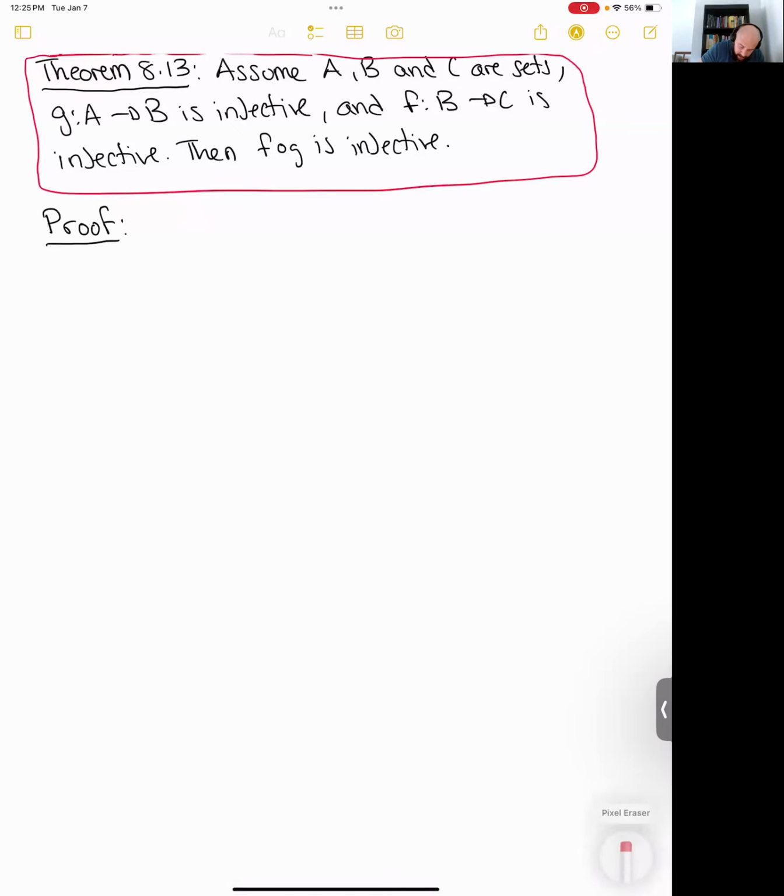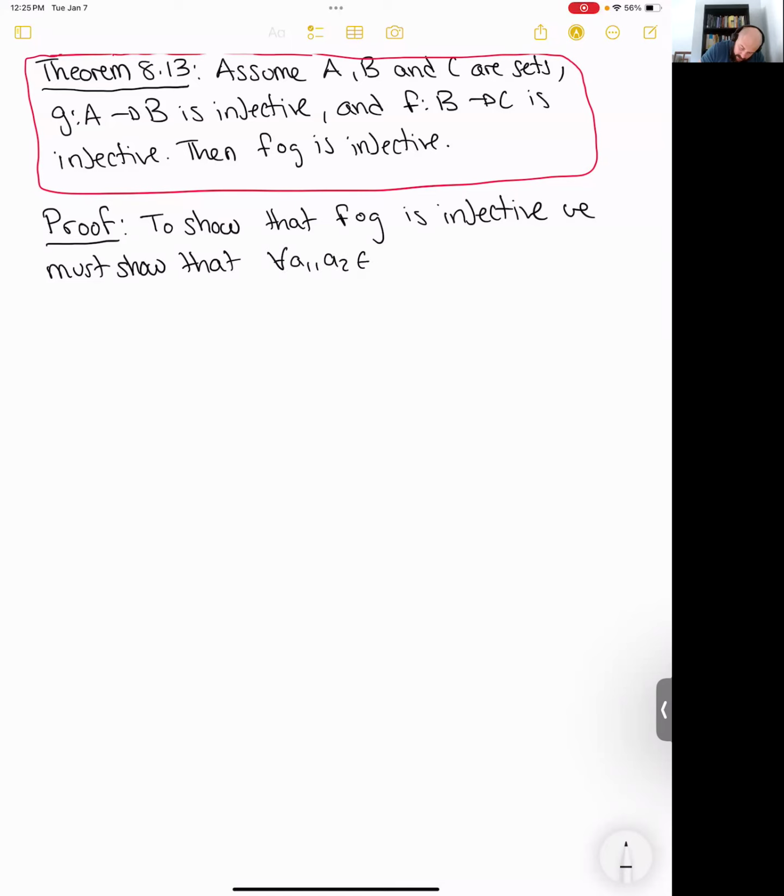So to show that F composed with G is injective, we must show that for all A1 and A2 in A, if F composed with G of A1 is equal to F composed with G of A2, then A1 is equal to A2.